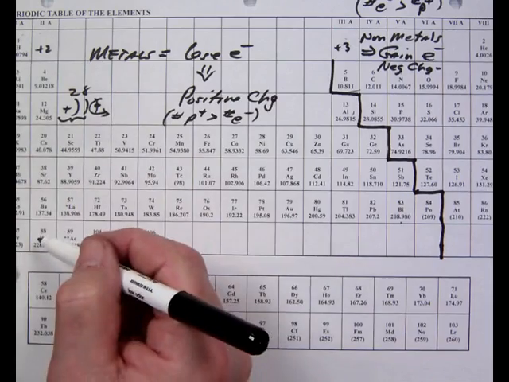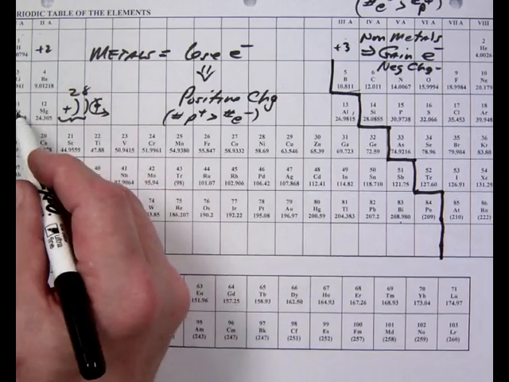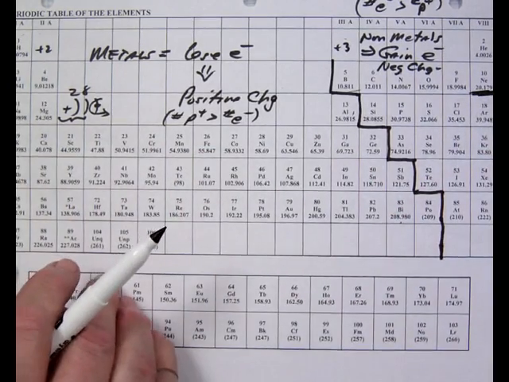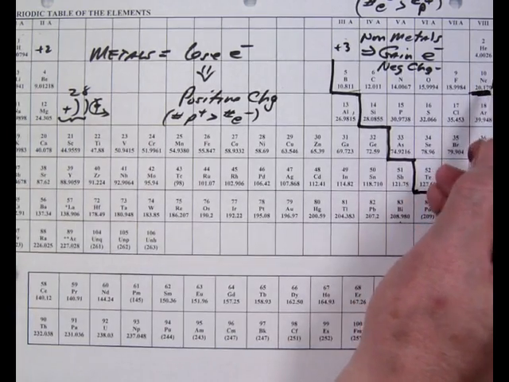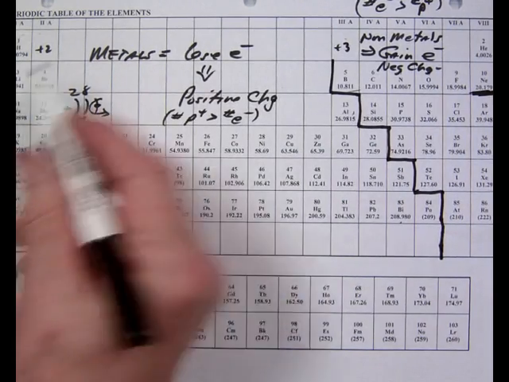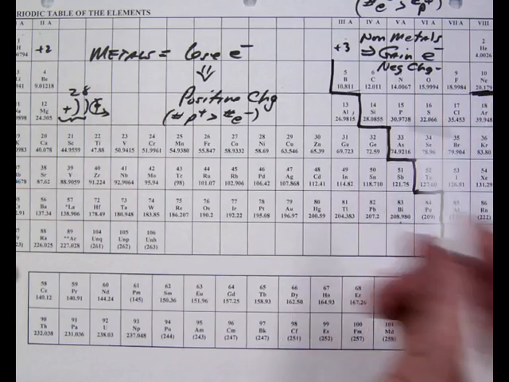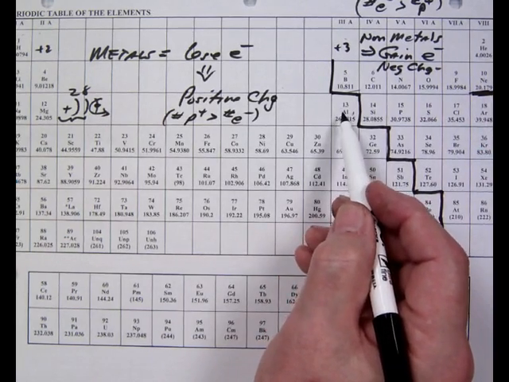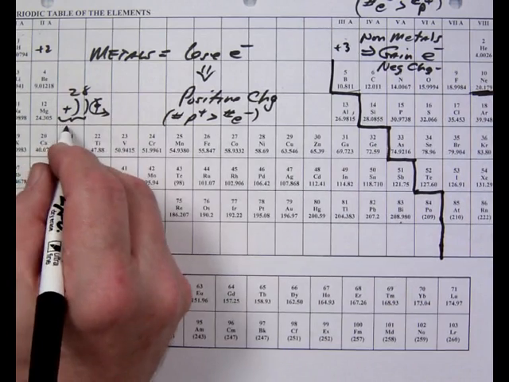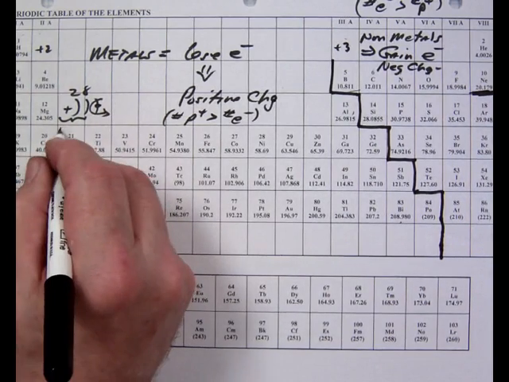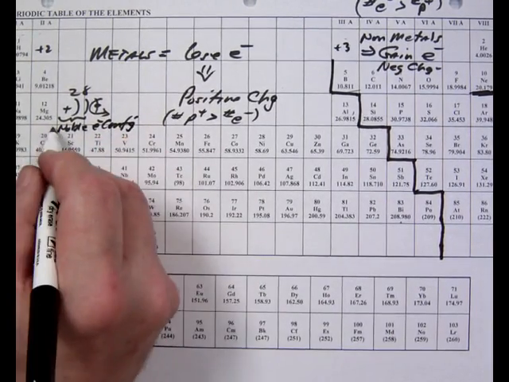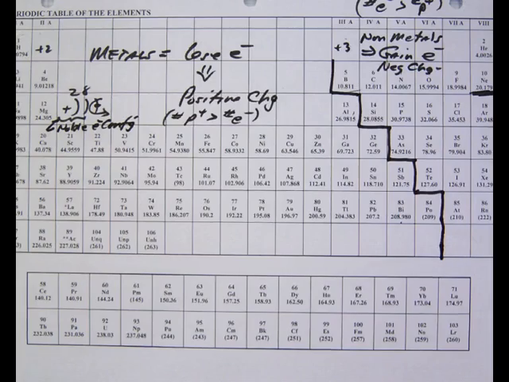When groups 1 and 2 lose their outer shell electrons, like sodium, it will achieve a noble gas configuration of neon, so its outer shell looks like neon's electron configuration. Magnesium, when it loses its outer shell, it also goes to neon. And aluminum has 3 outer shell electrons. It loses them, it goes back to neon. So this is the noble gas configuration that results from that loss of electrons.